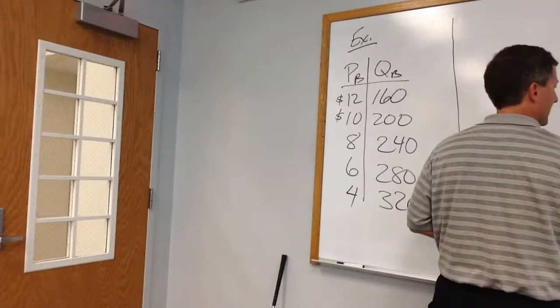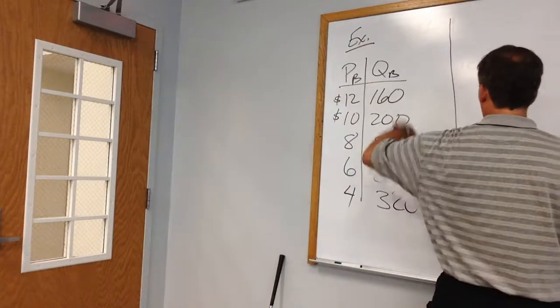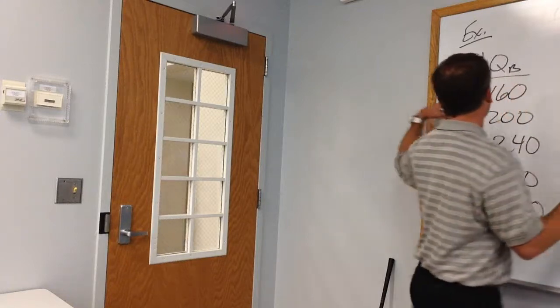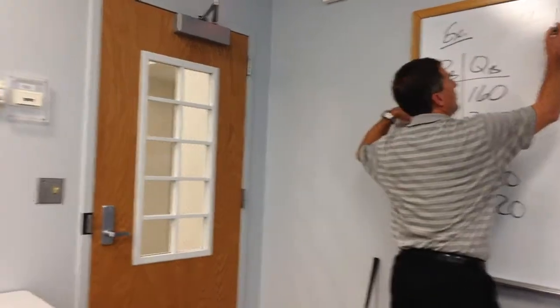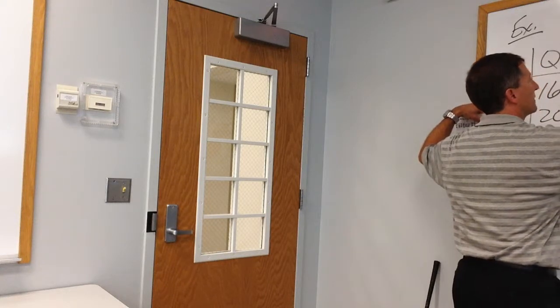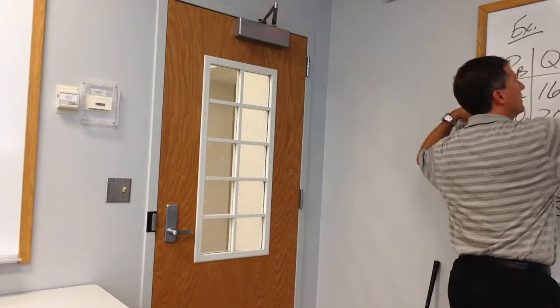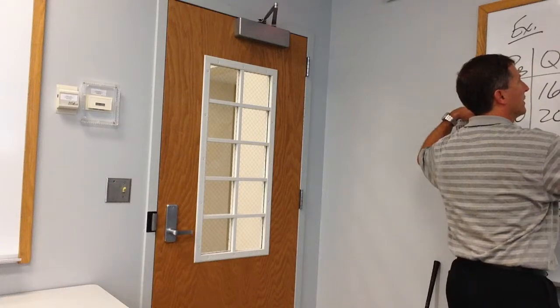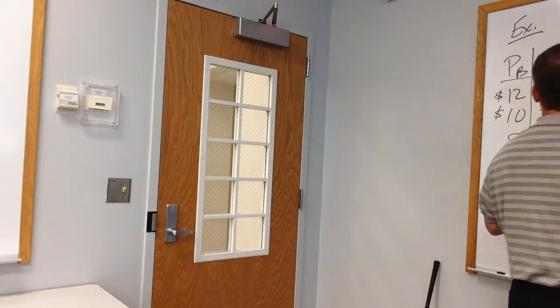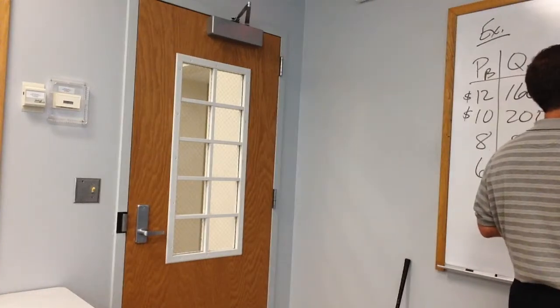So again, try to keep the spacing between these. You can start your 160 wherever you want at $12. So I would go 2, 4, 6, 8, 10, 12. And then we can go 160.